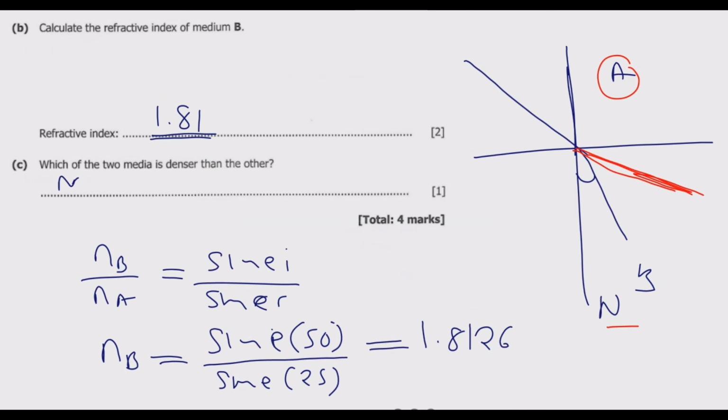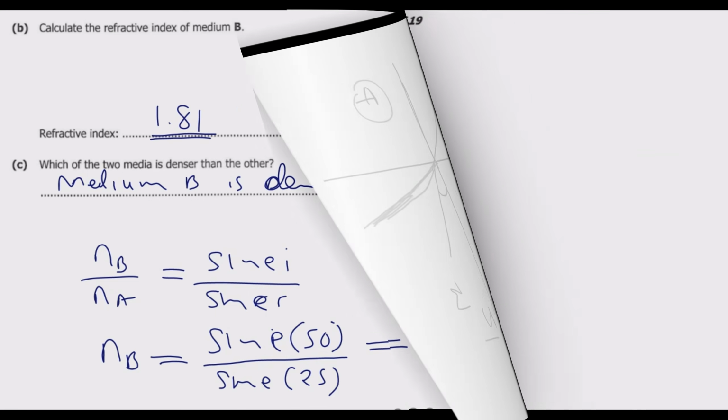So medium B is denser than A. This is how you answer this question to get the 4 marks.